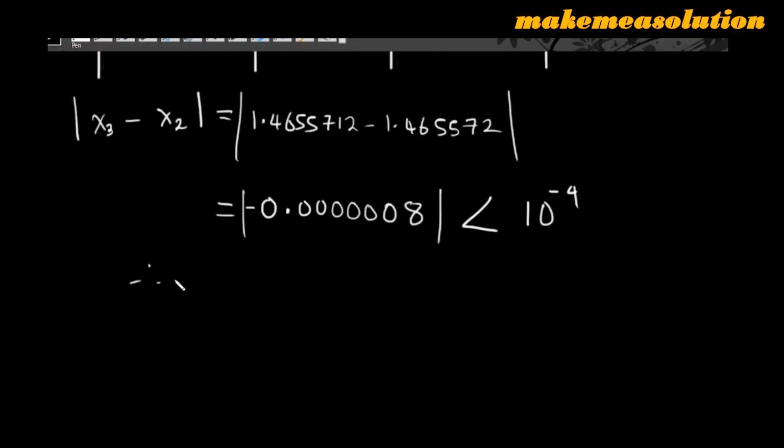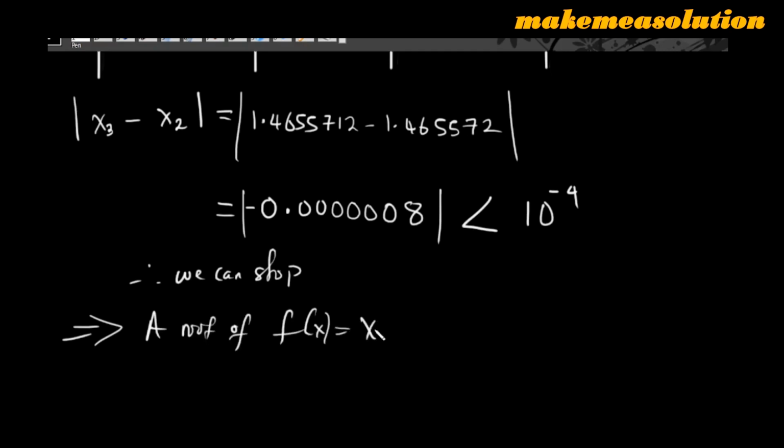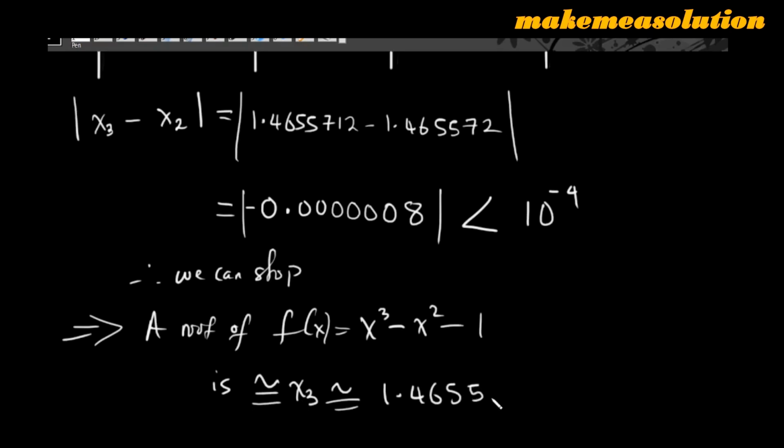So we can stop. So the implication is that a root of f of x equal to x cubed minus x squared minus 1 is approximately x3, which is approximately 1.465572.